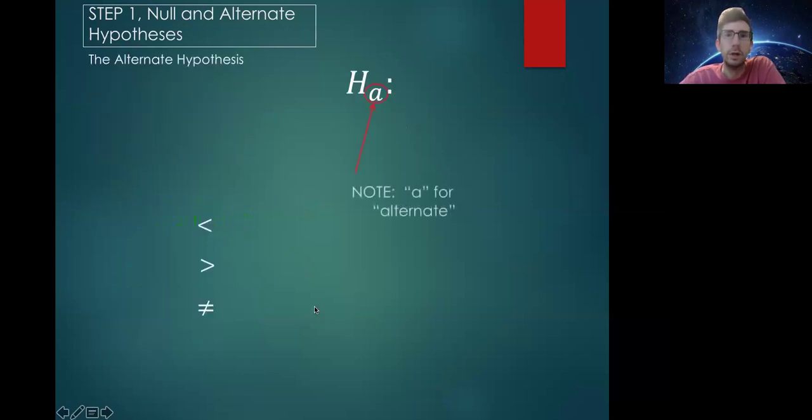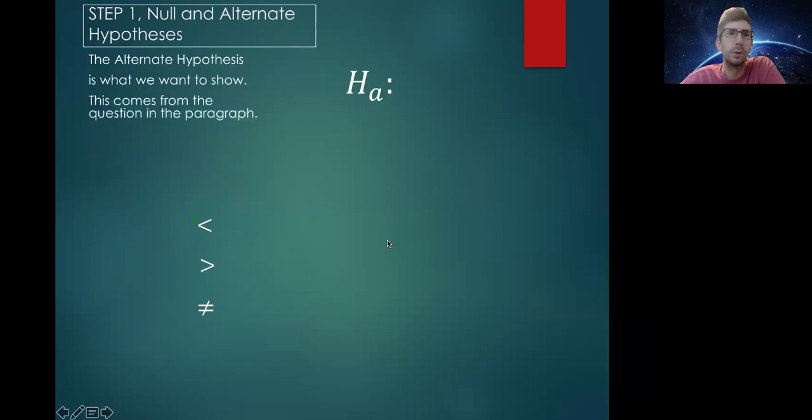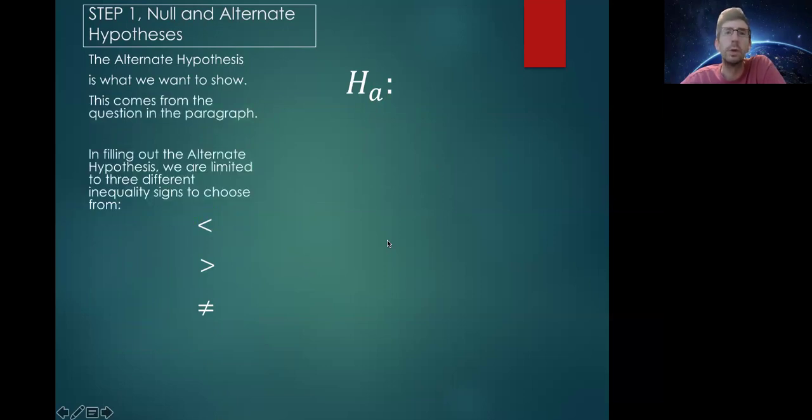So to fill out the alternate hypothesis, right, A is for alternate. This is what we want to show. It comes from the question in the paragraph, like I was just talking about. You're going to have three options of inequalities to put in your alternate hypothesis. It will either be less than, greater than, or not equal to from our question.